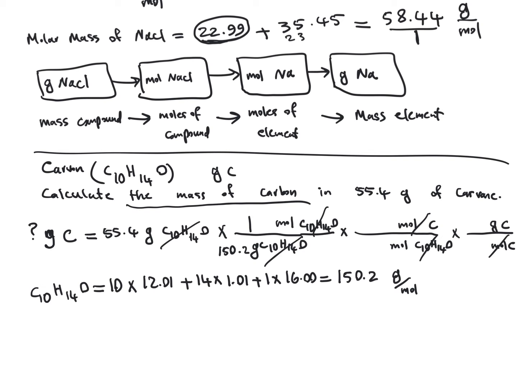Can you tell me for 1 mole of C10H14O, how many moles of carbon do I have? Exactly. You just go to the chemical formula, see the number of that specific atom in the molecule. And then can you tell me off the top of your head how many grams are in 1 mole of carbon? Exactly.